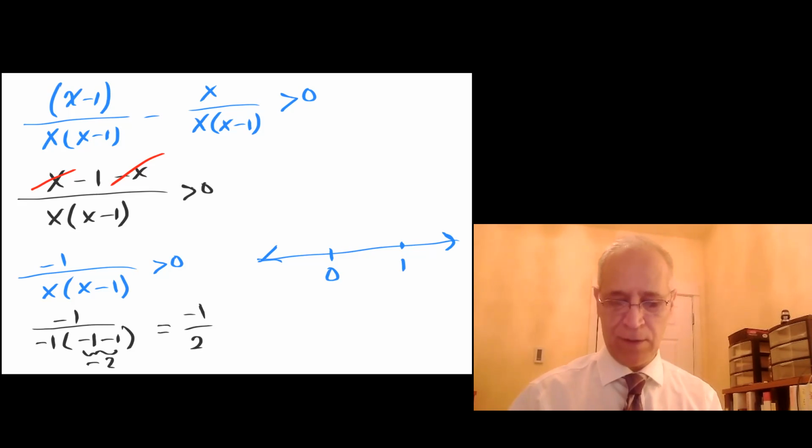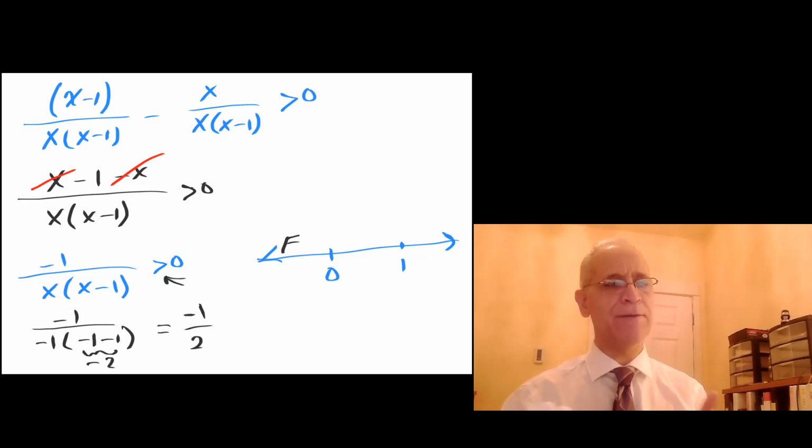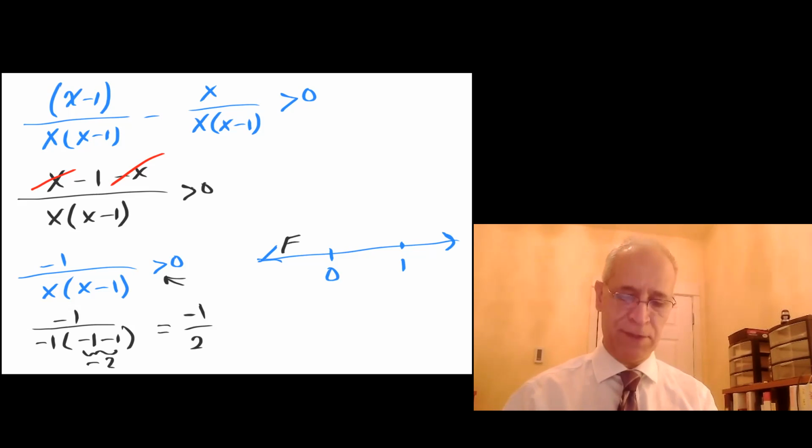And I have negative 1 on the top. So I have negative 1/2. And negative 1/2 is not greater than 0. So I'm going to put here F for false. I'm not having any solutions to the left of 0. I also know that 0 itself is excluded.